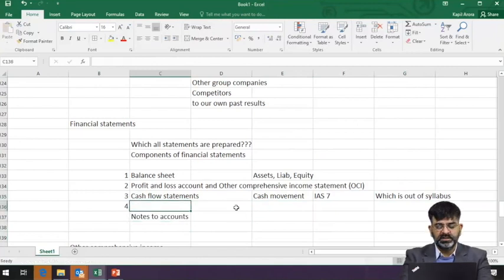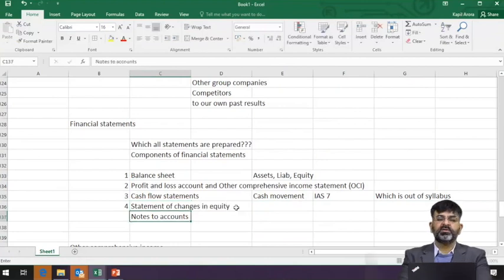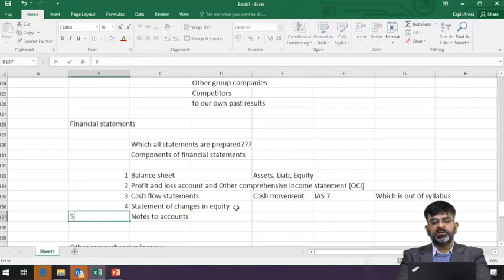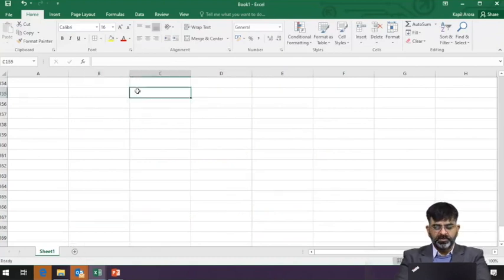Number 4 is actually statement of changes in equity. So what is statement of changes in equity? We call it statement of changes in equity, SOCE.